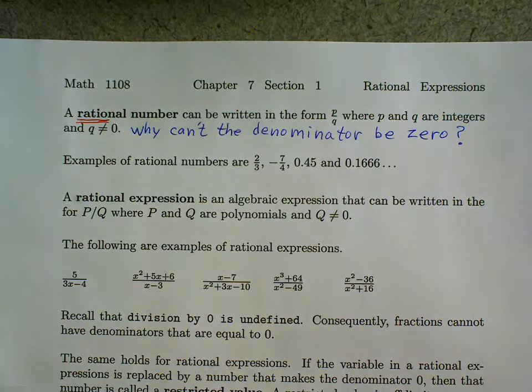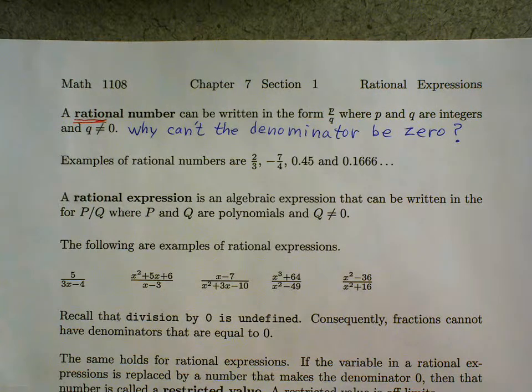Because dividing by 0 in mathematics is said to be undefined, but in a very practical way, dividing by 0 just doesn't make sense.